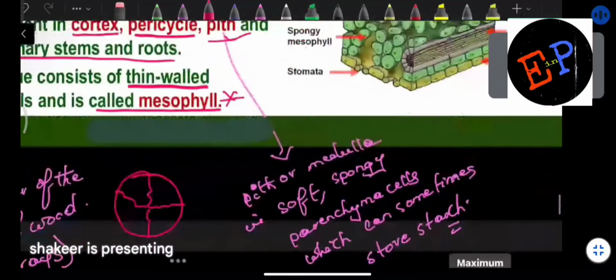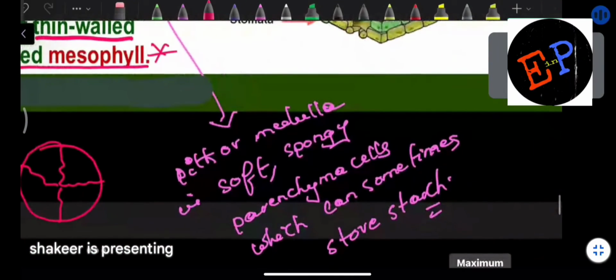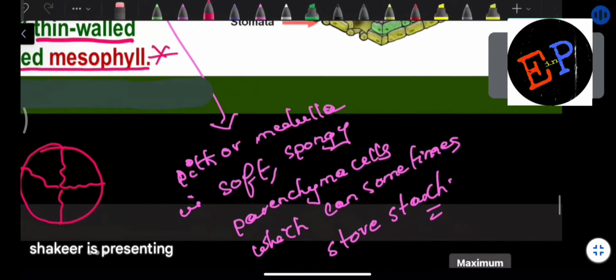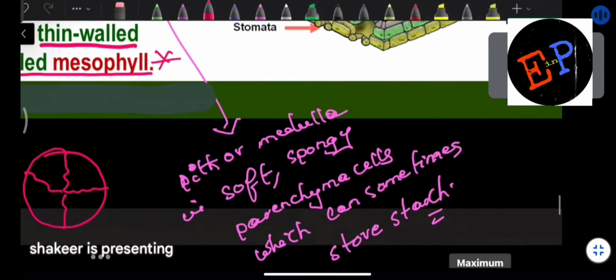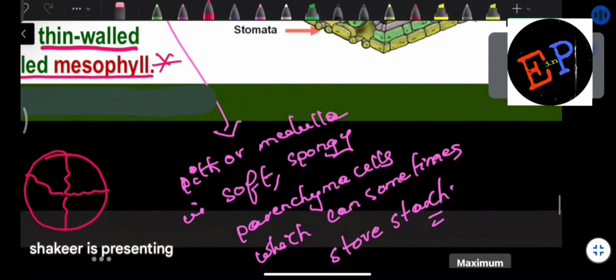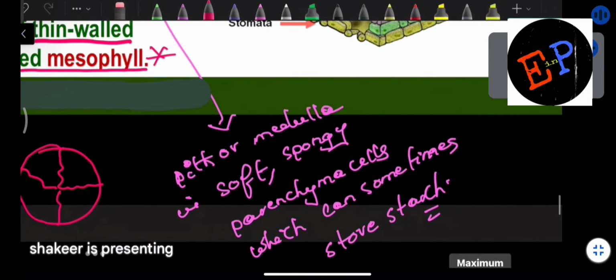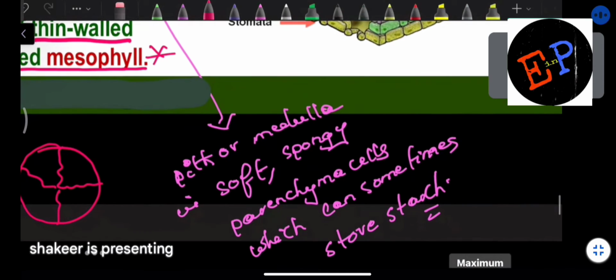That's it. And what is meant by pith here? Here I have written. Pith means what? Pith or medulla is soft, spongy parenchymatous cells which can sometimes store starch. Okay, ma? So that is the definition of pith. And where is this pith present? Pith is present in the innermost layers of the stem. So it is an undifferentiated region, ma. It means pith you cannot identify very easily.